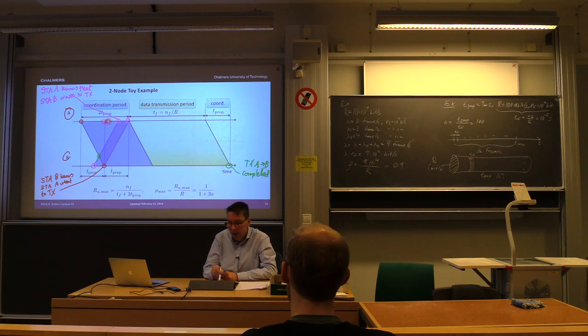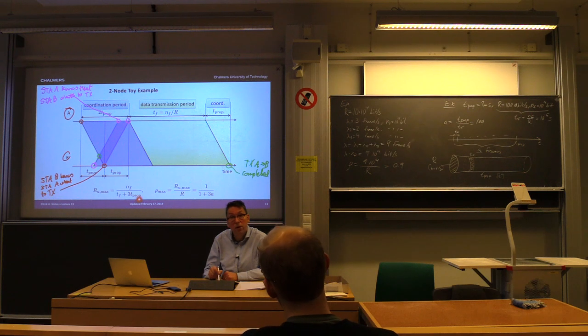This is the time it takes to deliver the green frame here. So the useful data on the channel is N_F bits delivered in the time T_F plus 3 T_prop.